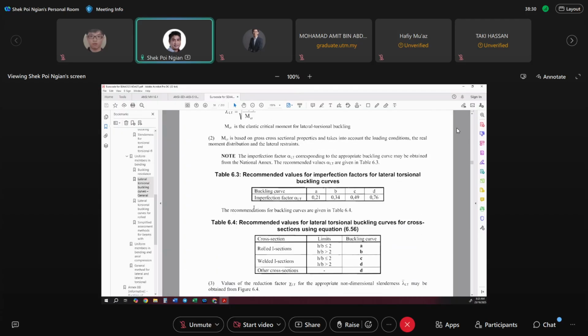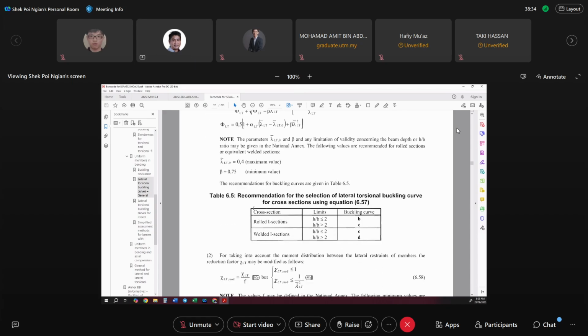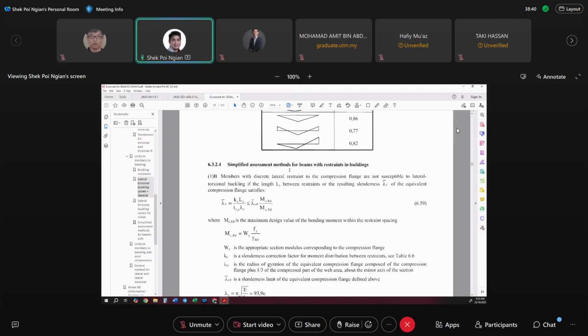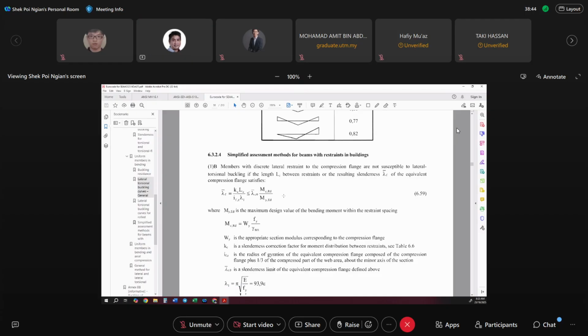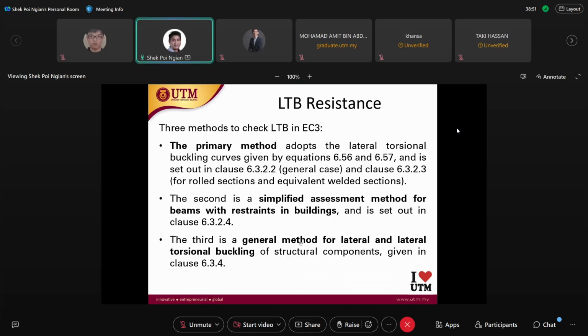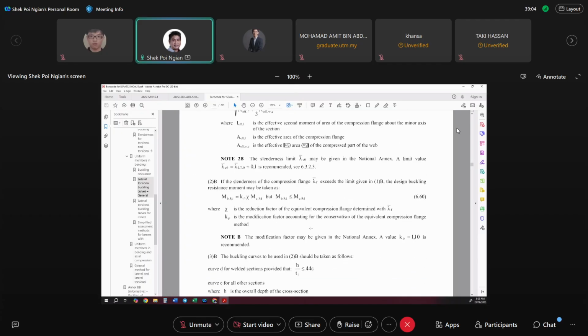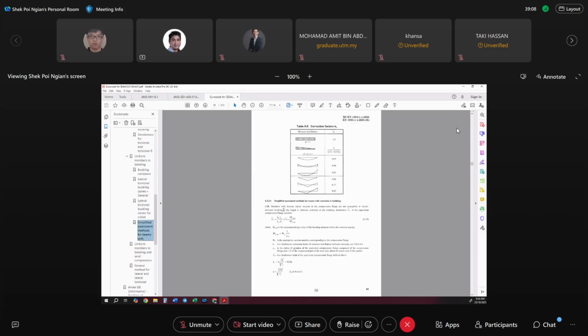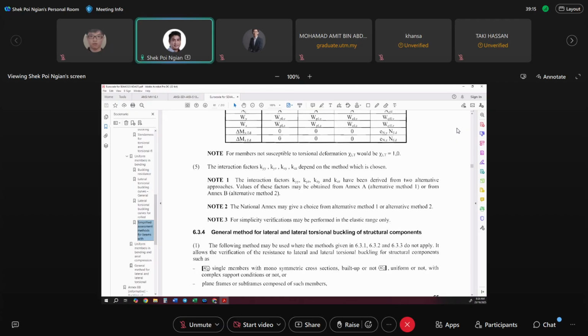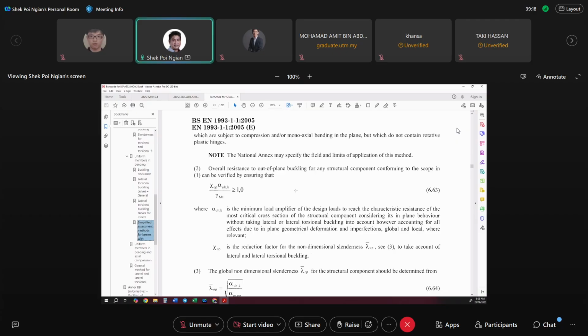And then the third is the general method, in clause 6.3.4, the general method for lateral and lateral torsional buckling of structural components.